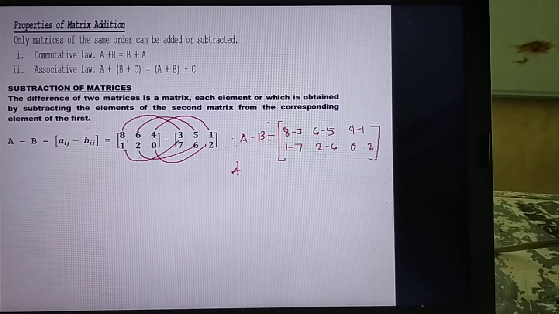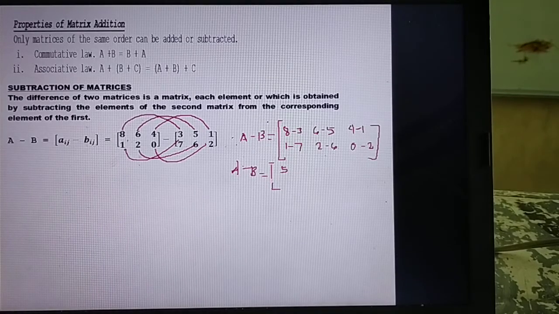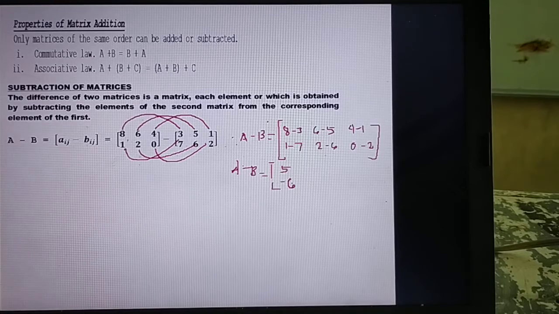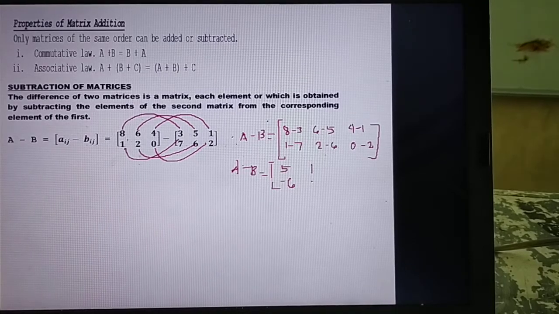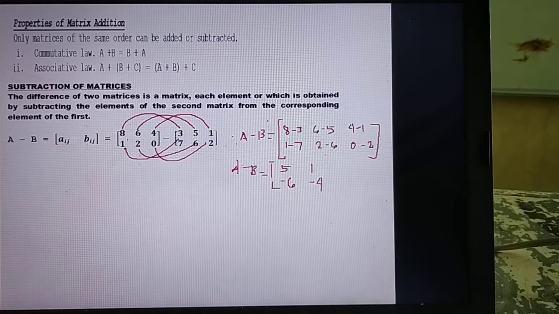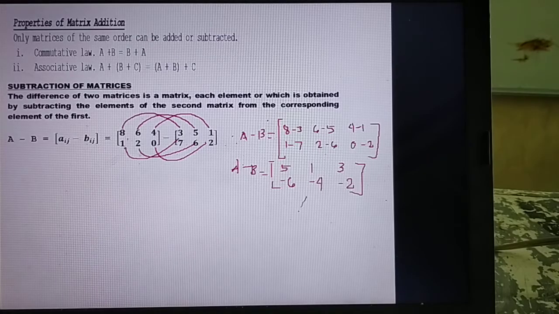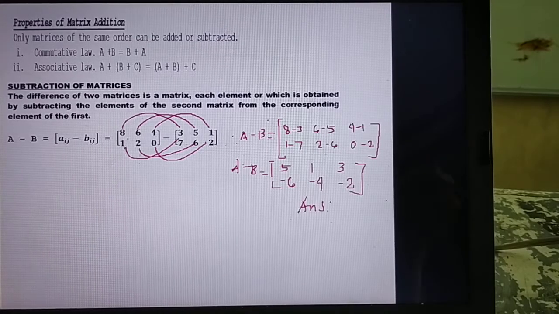So therefore, A minus B has the elements: this is 5, this is 1, this is 3, negative 6, negative 4, negative 2. Okay, that is the answer.